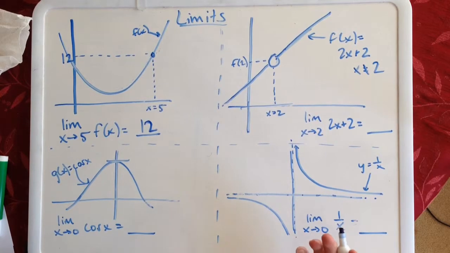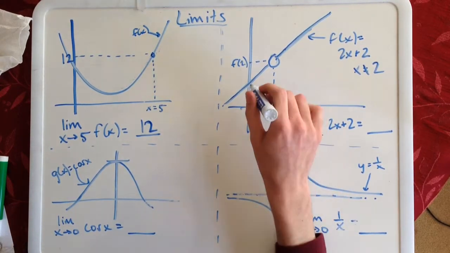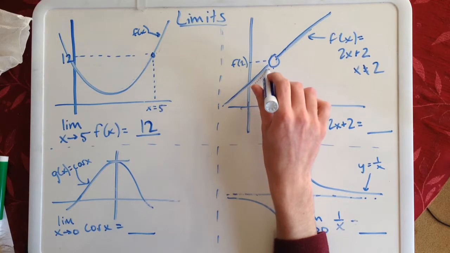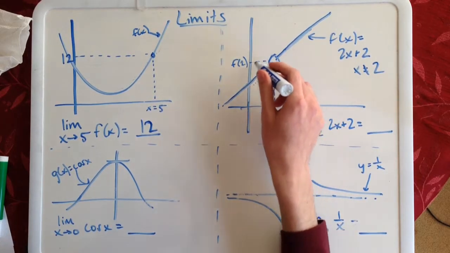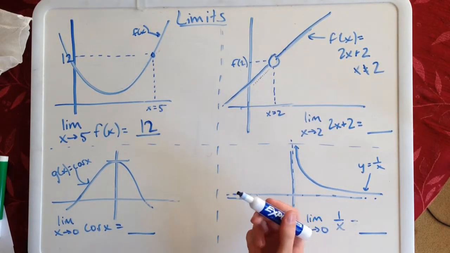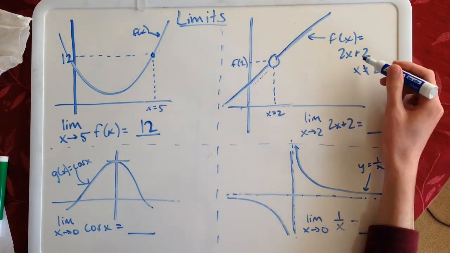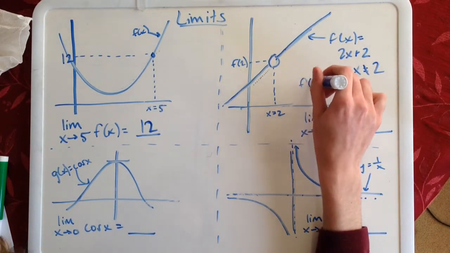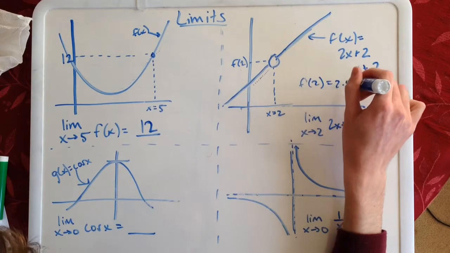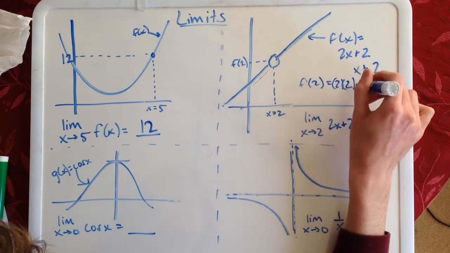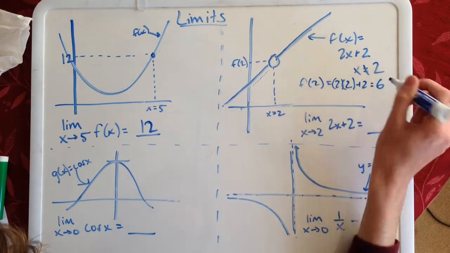But that's okay, because with limits, we don't actually care what the value is. We only care what it approaches. So if we approach x equals 2 from the left, it's going to approach this value of f of 2. And we can find f of 2. We have the equation for f of x, so f of 2 would be 2 times 2 plus 2, which is 4 plus 2, which is 6.